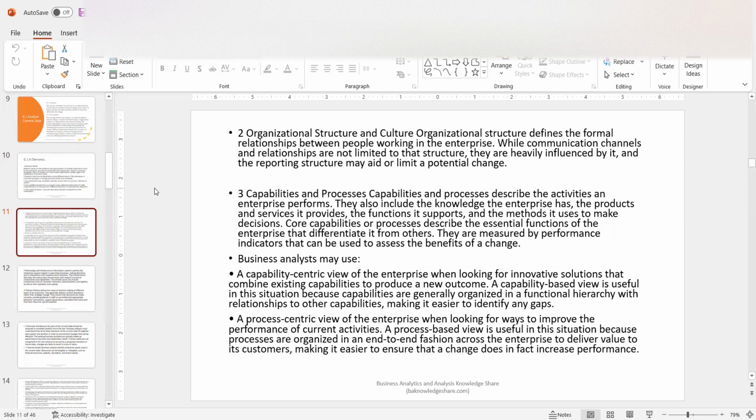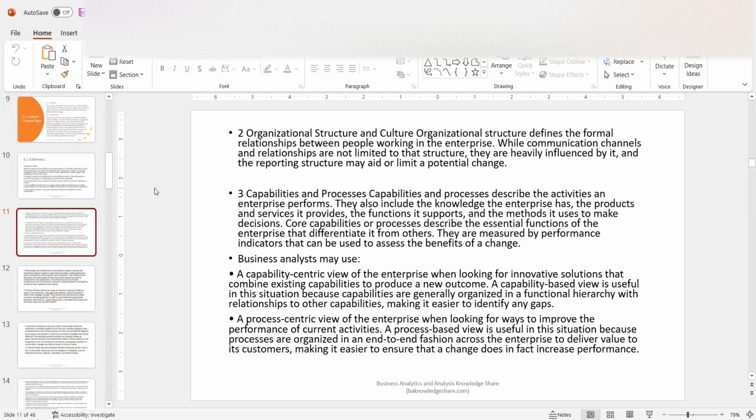Core capabilities and processes describe the essential functions of the enterprise that differentiate it from others. Business analysts may use a capability-centric view of the enterprise when looking for innovative solutions that combine existing capabilities to produce new outcomes. A capability-based view is useful in this situation because capabilities are generally organized in a functional hierarchy with relationships to other capabilities.